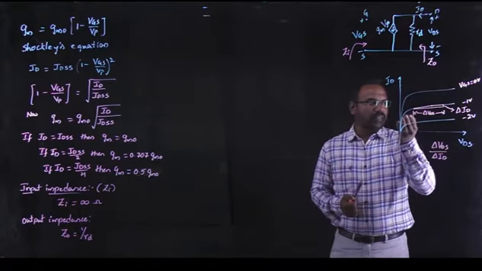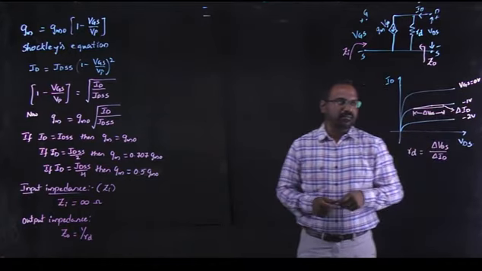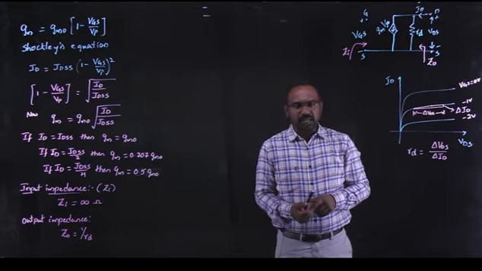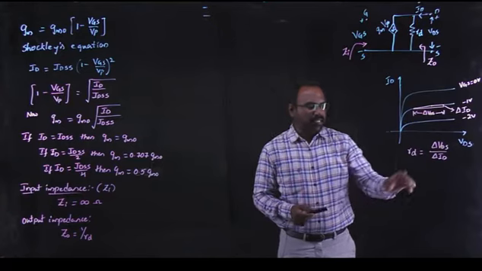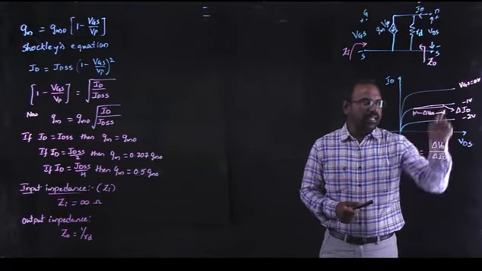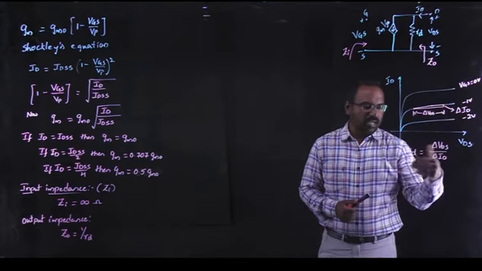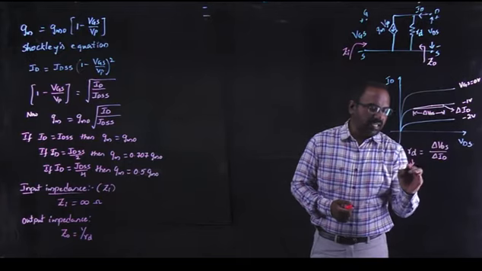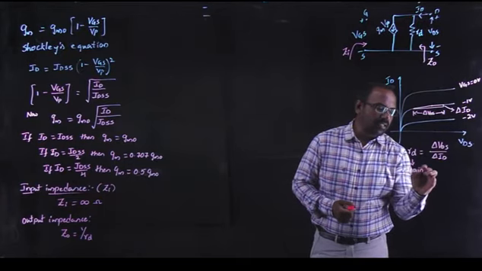Actually, the slope will give the 1 by RD value, but I have directly written it. What is the slope? Delta ID by delta VDS. Delta Y divided by delta X is the slope m, and that is nothing but 1 by RD. That will be delta ID by delta VDS. I am reversing that, and I am going to get the drain resistance RD.